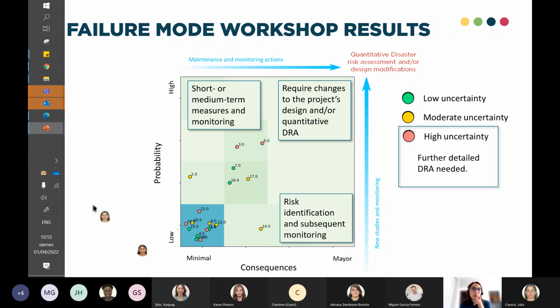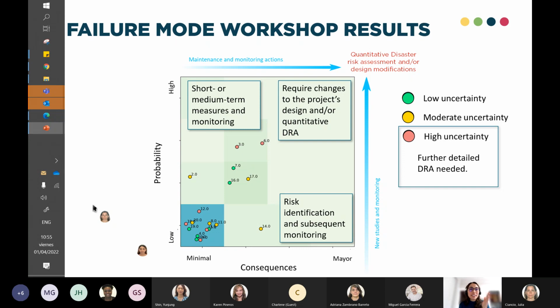So for us, it's very important to always complete a risk assessment with a disaster risk management plan. This management plan is going to have all of the measures, initiatives, proposals, changes in the design and improvements in the operation.